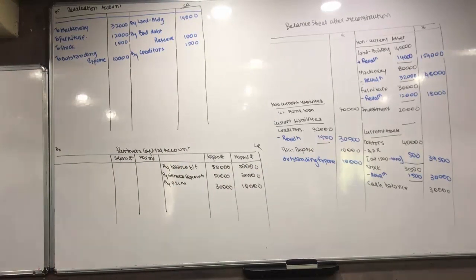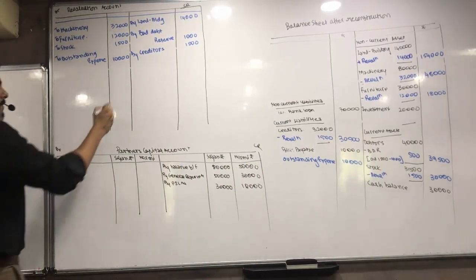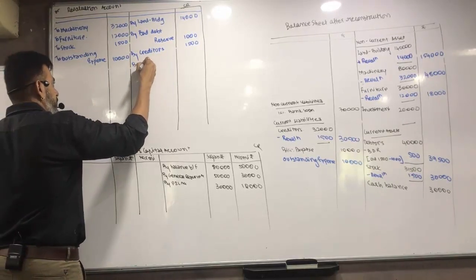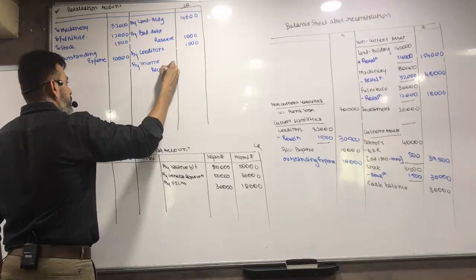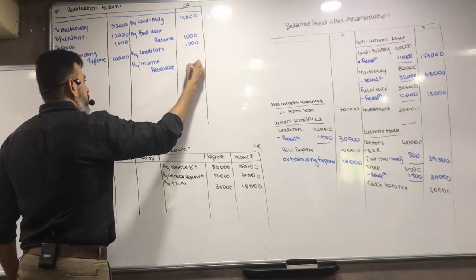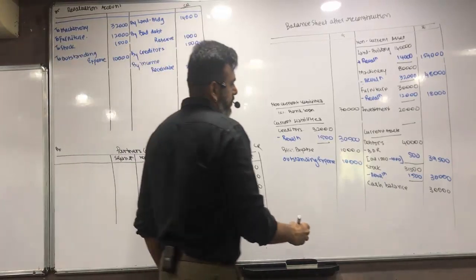Next, income receivable 2,000, by income receivable 2,000, balance sheet asset.